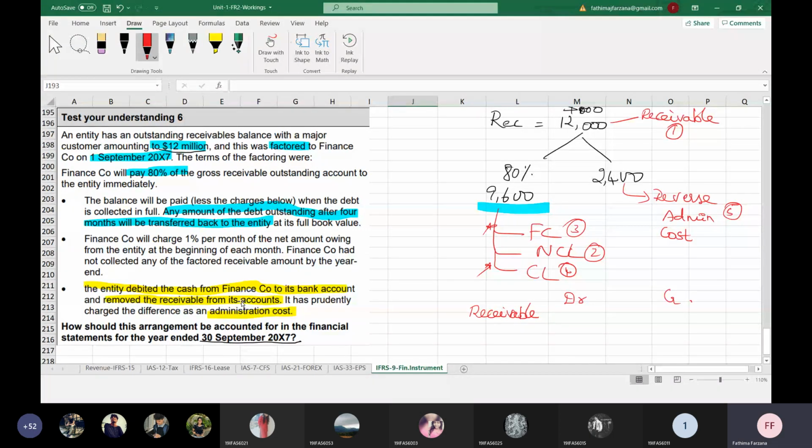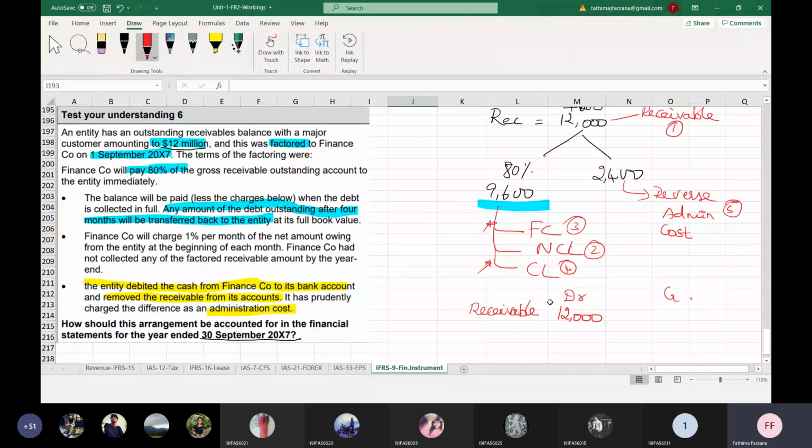Receivable is a debit balance. Cash to receivables, yes, they've done cash to receivables here. But we have to actually reverse it. Receivable should be debited, 12,000, because I'm going to recognize my receivable. I cannot remove it because I'm bearing the risk.